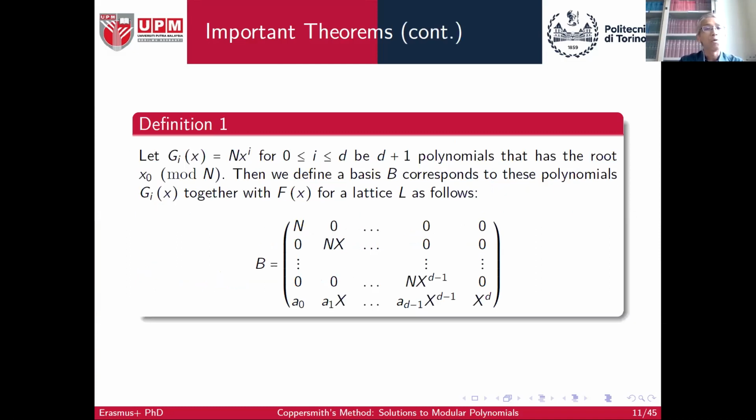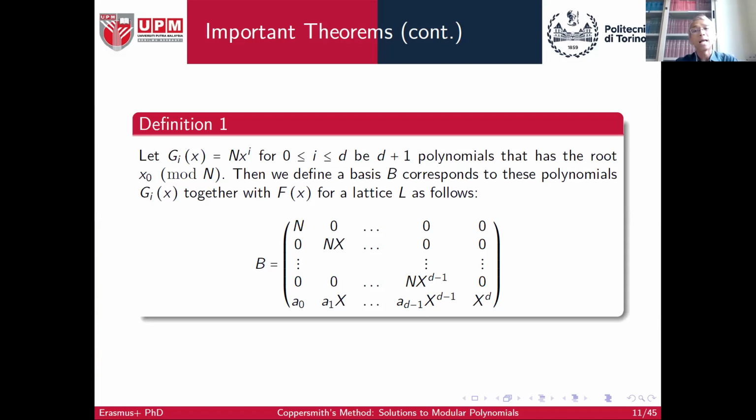And second will be the definition of how to form the basis of the lattice. Now, suppose we have g_i(x), the d plus 1 polynomials that have the root x0 modulo N, then we can define a basis B that corresponds to these polynomials g_i(x) together with f(x) for a lattice L as follows. This definition is basically the fundamental approach that most people use in applying Coppersmith.